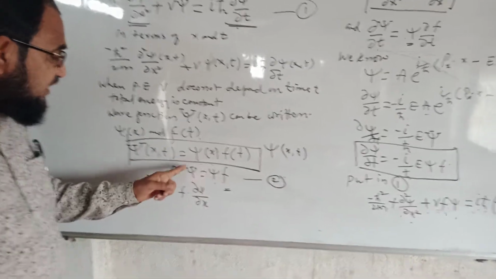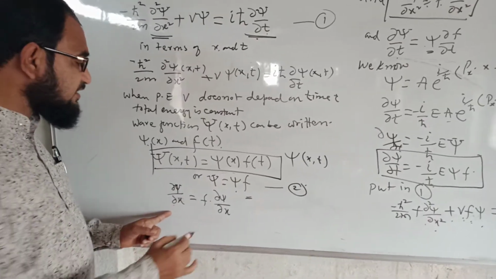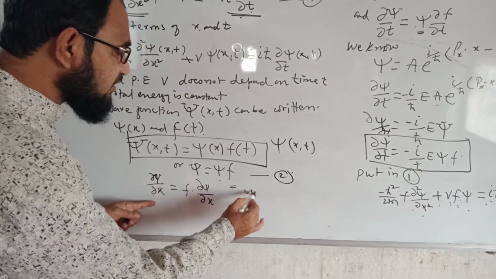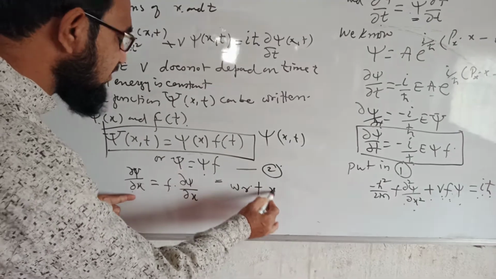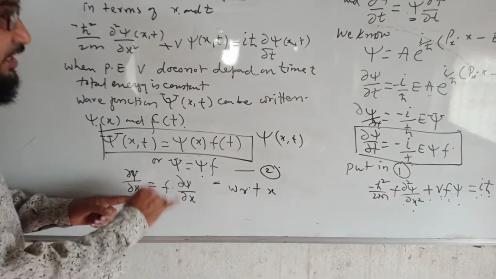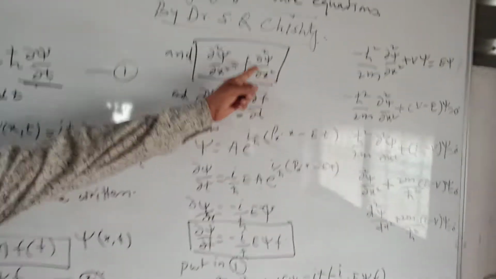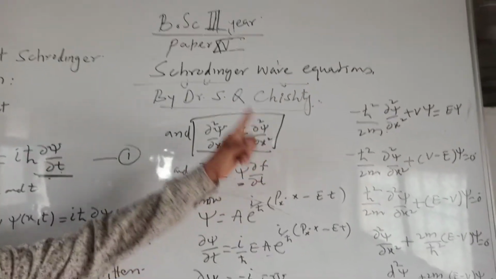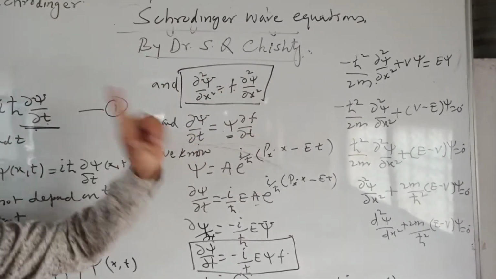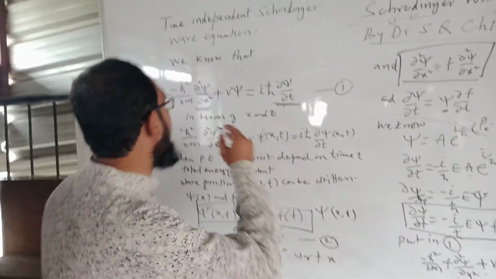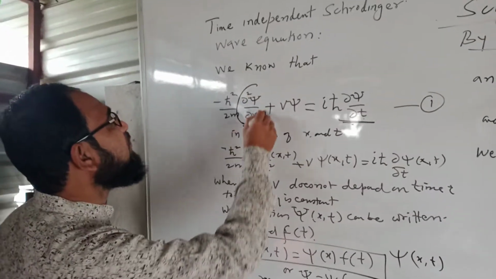Then I differentiated this for the first time with respect to x, and then the double derivative ∂²ψ/∂x² is equal to f into ∂²ψ/∂x². I have taken the double derivative. It means that we got this value.